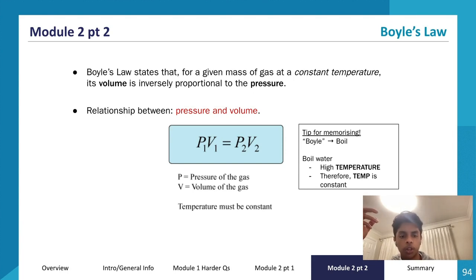So what is changing? Pressure and volume. P1 V1 is equal to P2 V2. If P1 increases and temperature is kept the same, then if volume stays the same, P2 has to also increase. If P1 increases but P2 is kept the same, then V2 has to increase. That's just how that works.